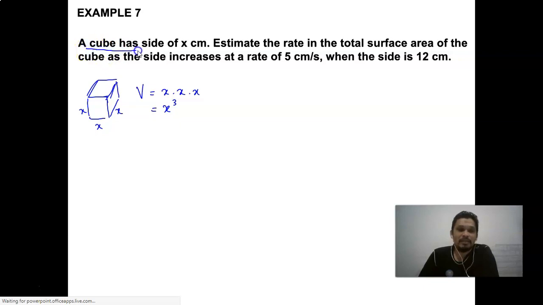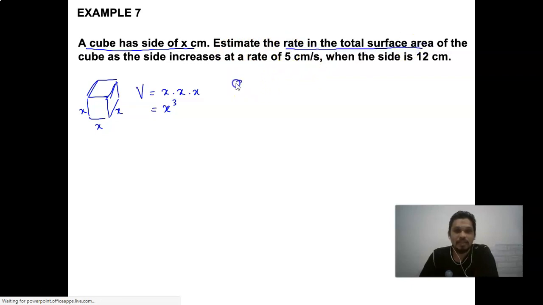This is the first piece of information from the question. Estimate the rate of change of the total surface area.